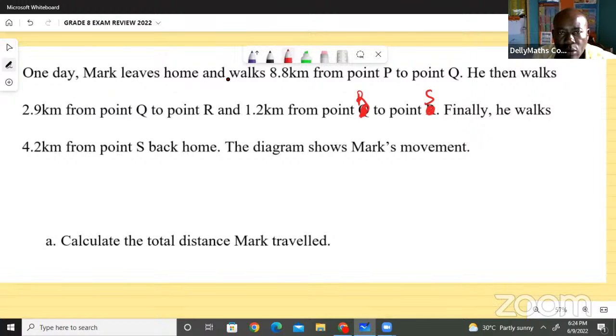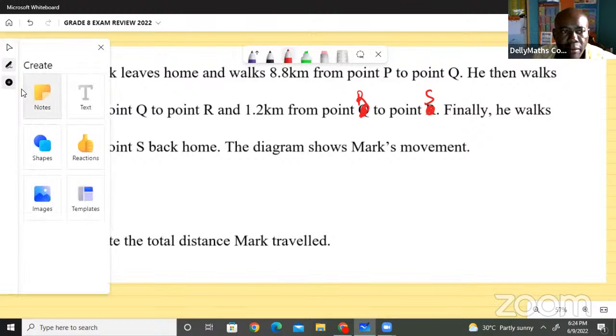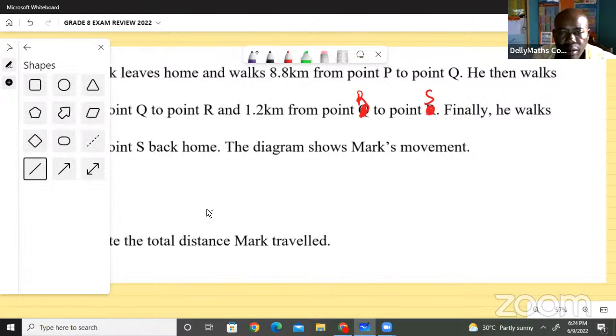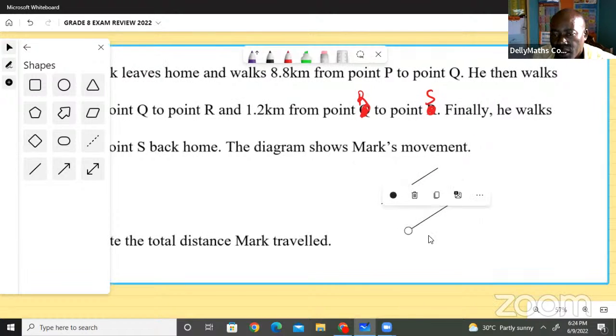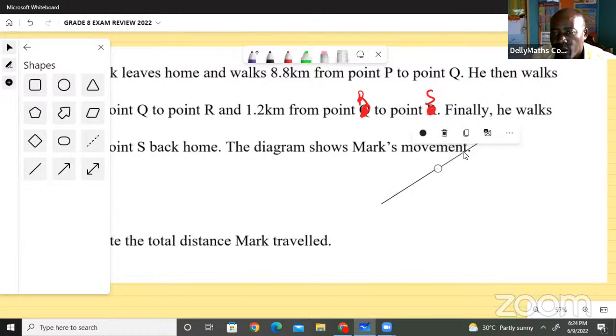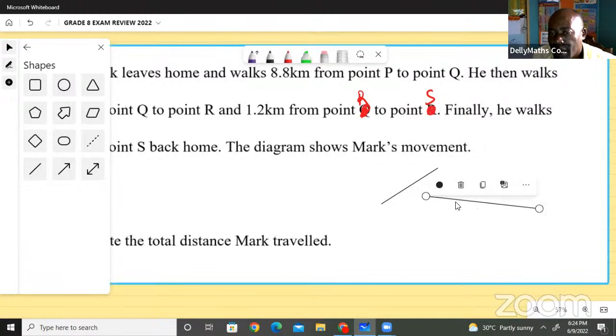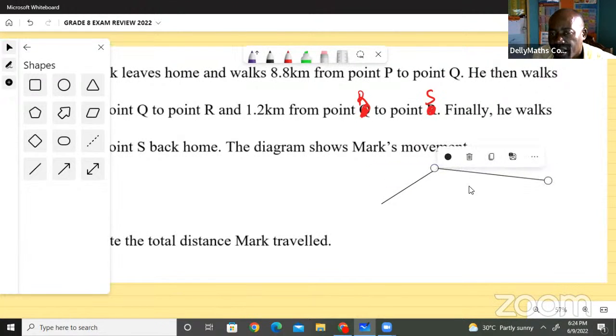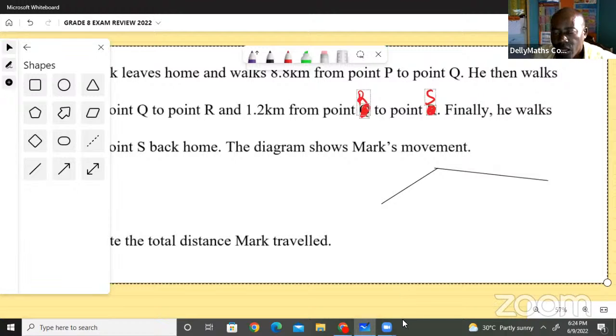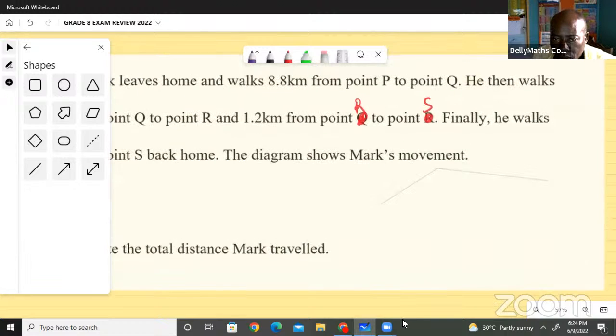Mark leaves home and walks 8.8 to P. So we have some situation here. I'm just making up a quick little journey like that. So he left home.